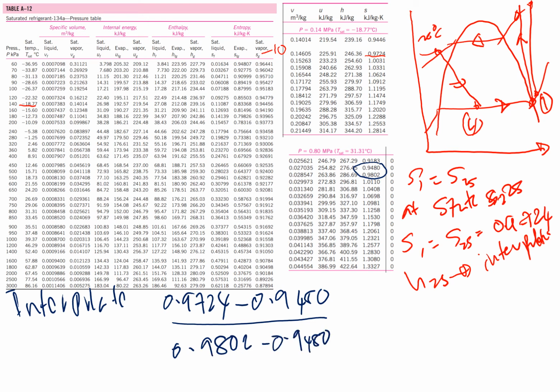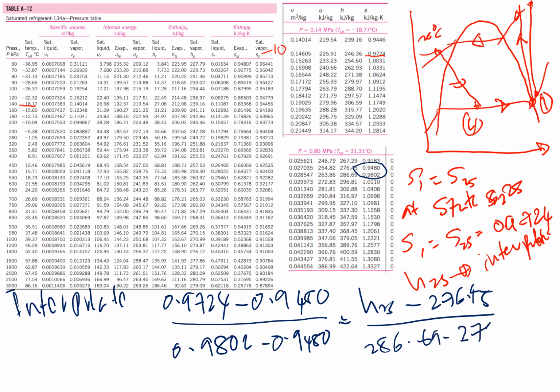Later you help calculate for me. Do you have a calculator? I don't have a calculator here. Alright, and then after that the enthalpy, which is H2S minus 276.45 over 286.69 minus 276.45.